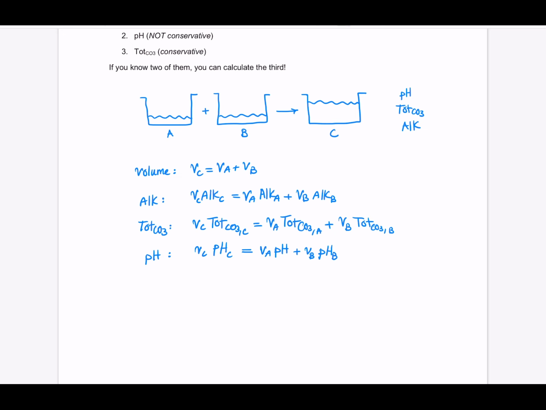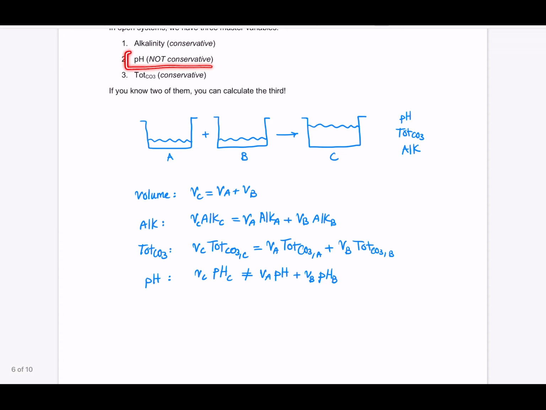Therefore, this is not equal, so you can't do that, because pH is not conservative. H plus concentration is, but pH is not, because we did some weird mathematical operation on a mass term.